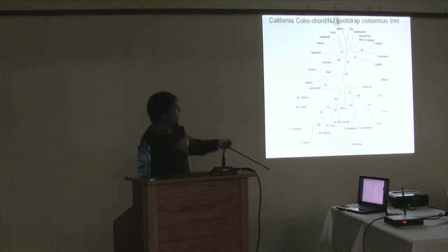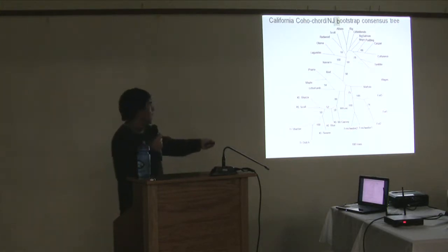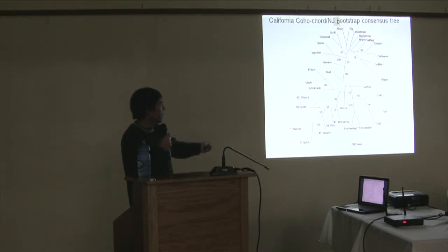This is just another way of summarizing the same data that does away with the variation in length of the terminal, the end branches, and allows one to focus on the internal structure of the tree. And it uses a statistical resampling method to evaluate how much support there is in the data for those internal branches.